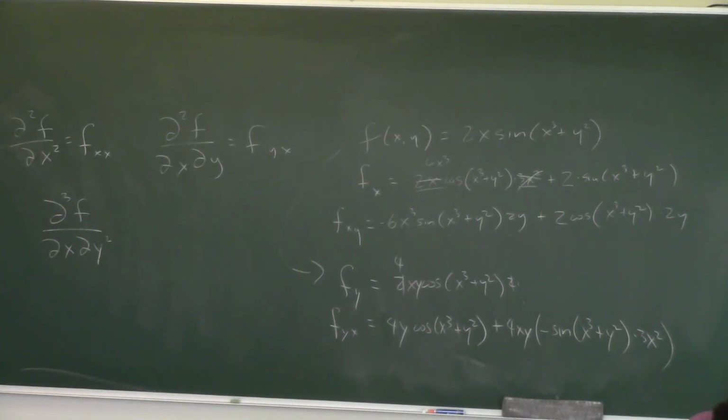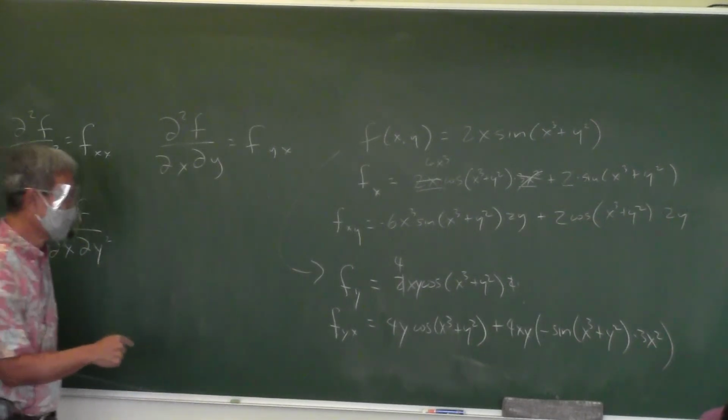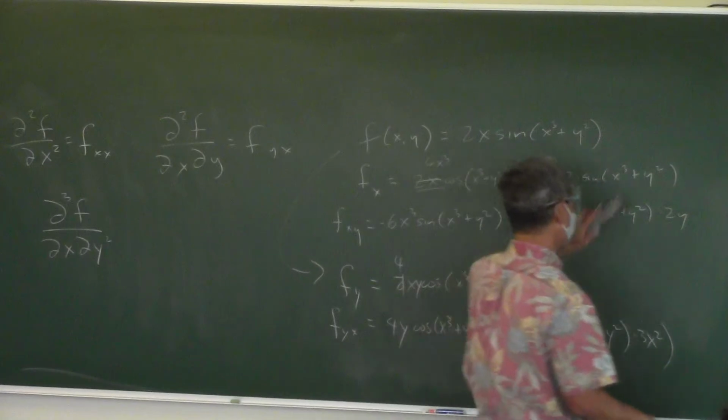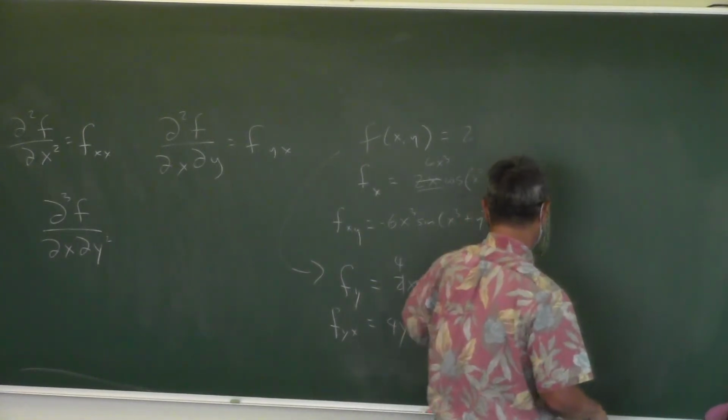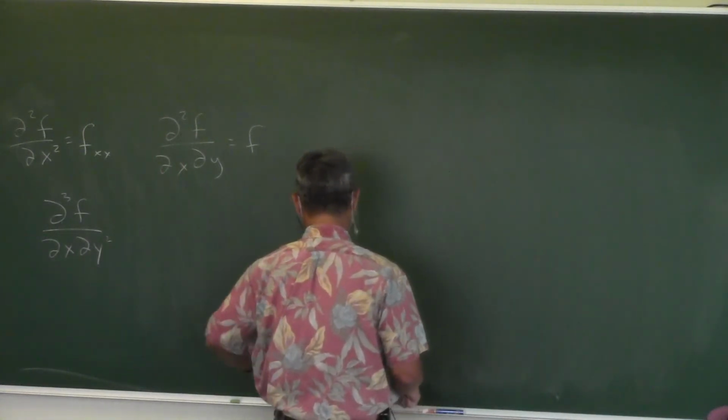That means you differentiate twice with respect to y and then once with respect to x, because with this notation you go this way. So you go with respect to y, then with respect to x. Okay, so let's just do one to make sure we got it. This is all mechanical.